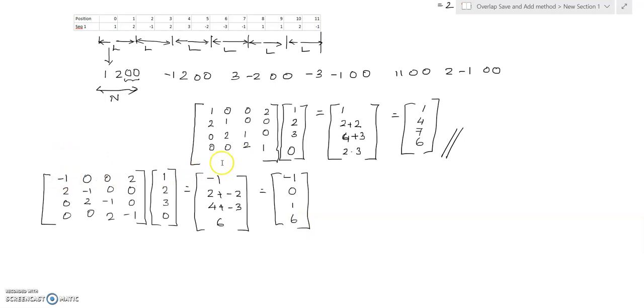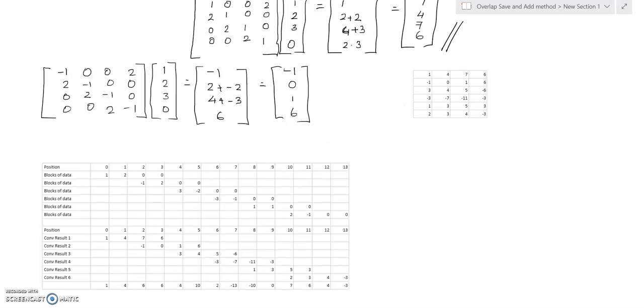Again, if you look over here, it's the same operation that is performed. 1 into -1 is -1, and rest of them will be 0. 2 into 1 is 2, -1 into 2 is -2, then it becomes 0, 4 and -3, 0, 0, then 6 and 0. So it becomes -1, 0, 1, 6.